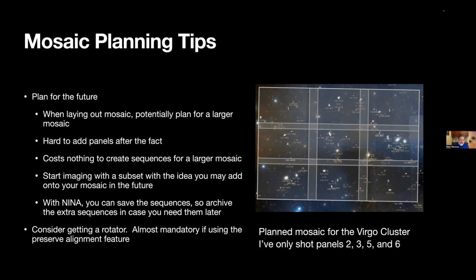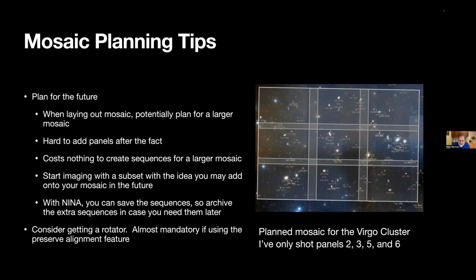And at least in Nina, that's somewhat of a pain. You can certainly go in there and create a new mosaic plan, but to get the panels to line up precisely with your existing panels can be a real problem, especially if you don't remember what the offset or overlap percentages were.